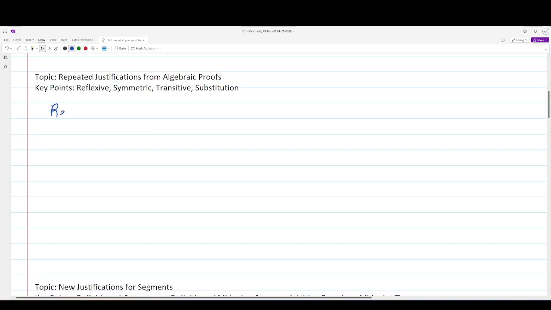So we had a reflexive property of equality that said if something is equal to itself. So reflexive POE was something like AB, the length, is equal to AB. Whereas the reflexive property of congruence, so we'll call that POC instead, looks more like segment AB is congruent to segment AB.